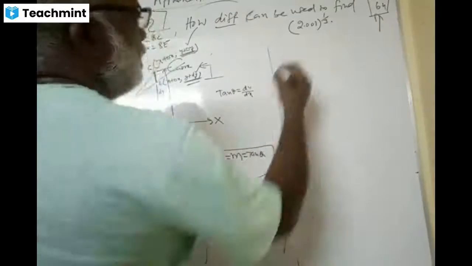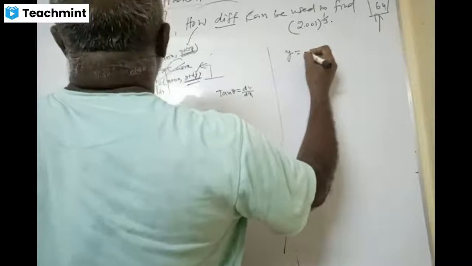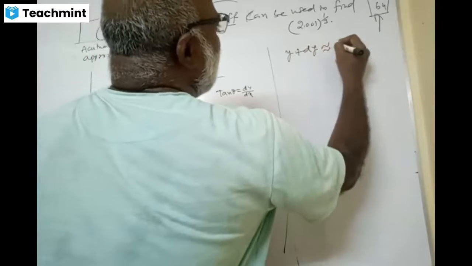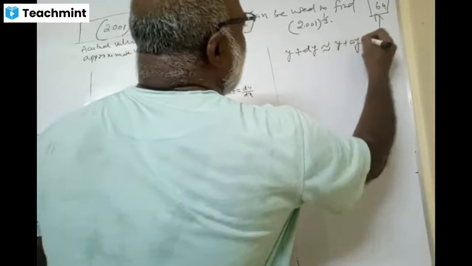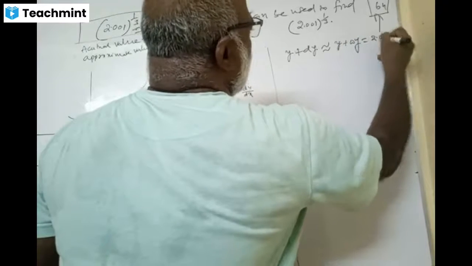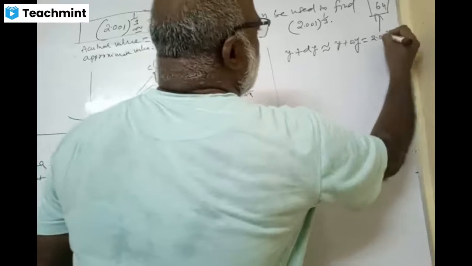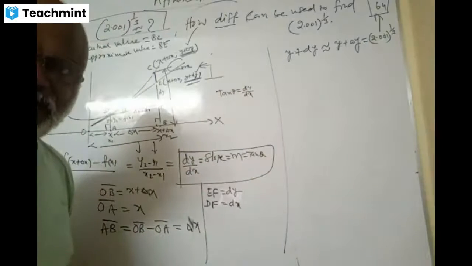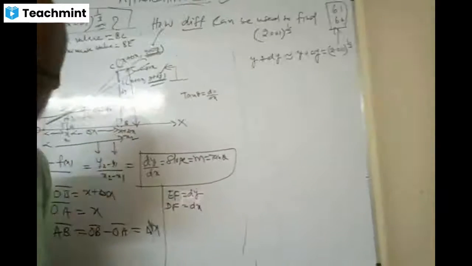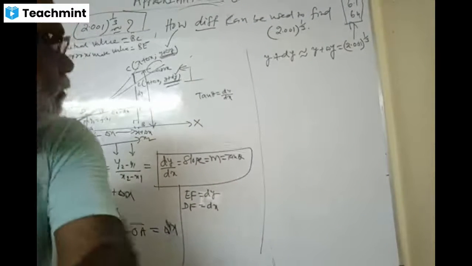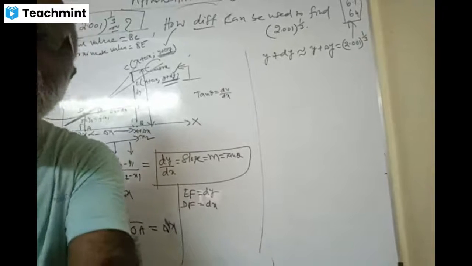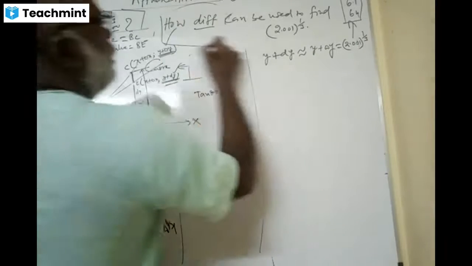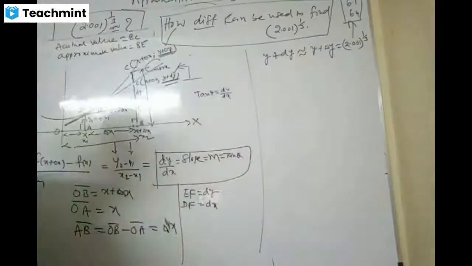See, y plus dy is approximately equal to y plus delta y, that is 2.01001 whole power 1 by 3. That's the value we are interested in finding.